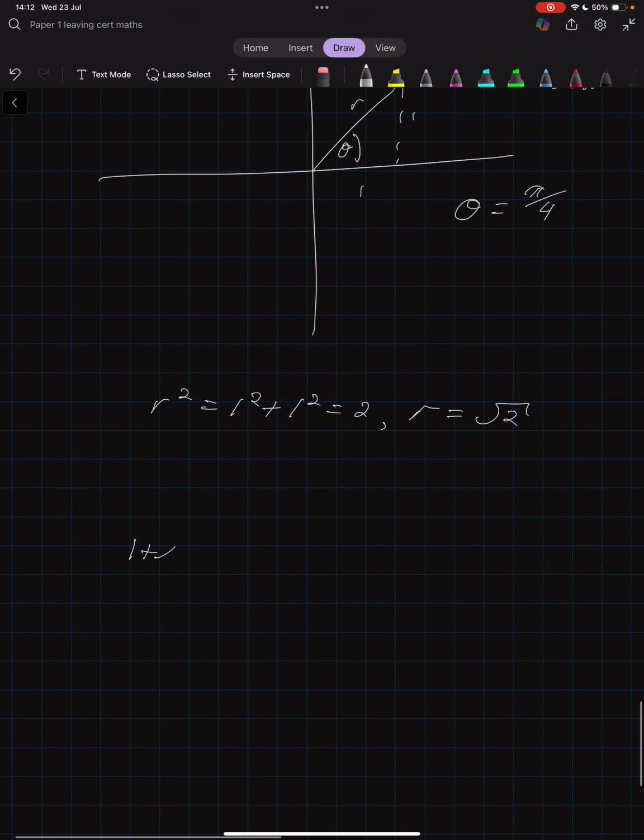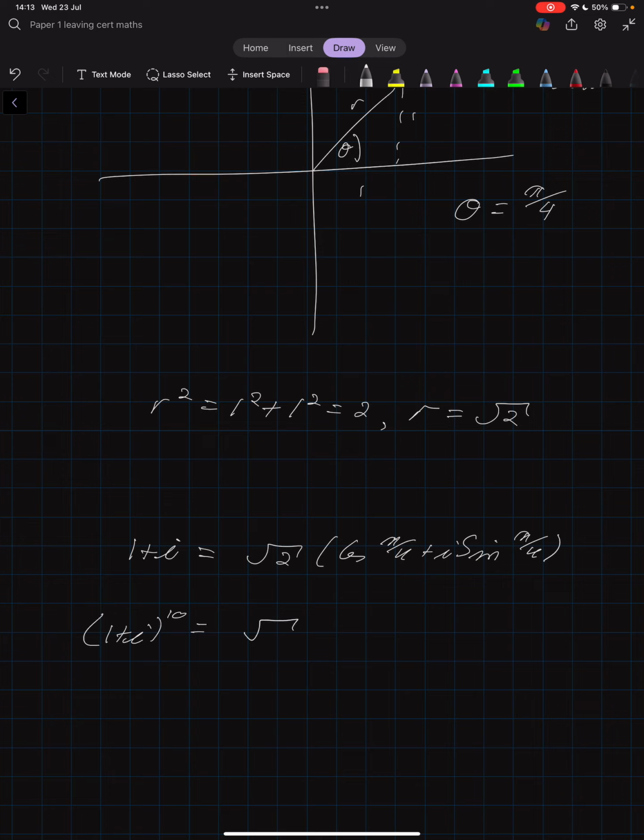So 1 plus i is equal to root 2 (cos of pi over 4 plus i sin pi over 4). So (1 plus i) to the power of 10 is equal to root 2 to the power of 10 times cos, and now you multiply the pi over 4 by 10. So it's 10 pi over 4, which is 5 pi over 2.